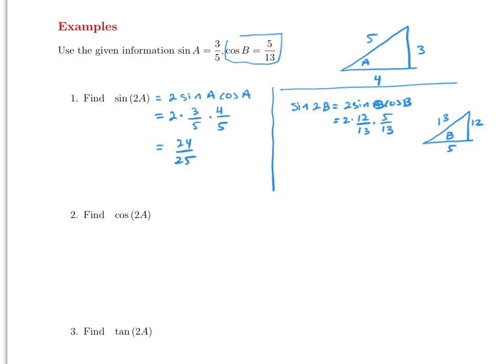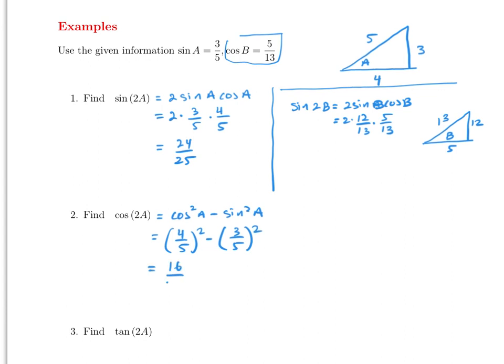All right, so now what about cosine 2A? Remember you had 3 formulas, but let's stick to the first one. This will be cosine square A minus sine square A. So cosine square of A will be 4/5 squared, and sine square will be 3/5 squared.